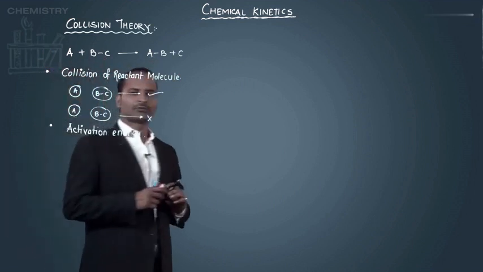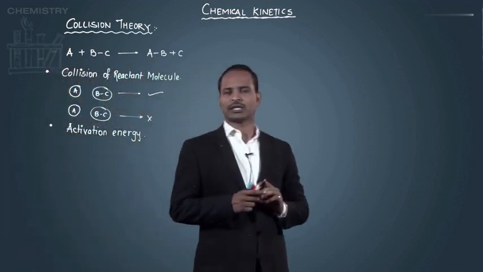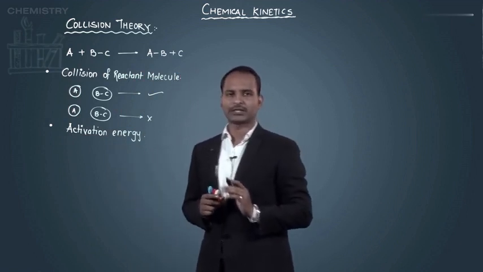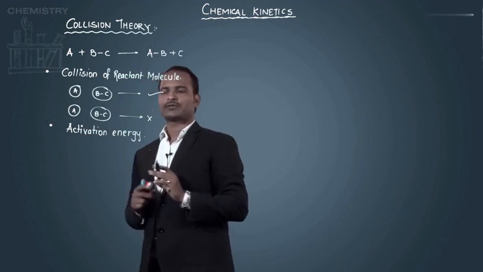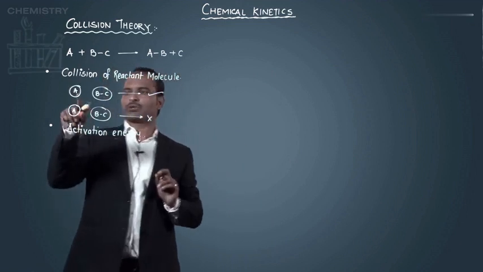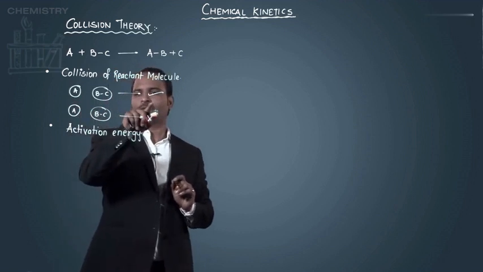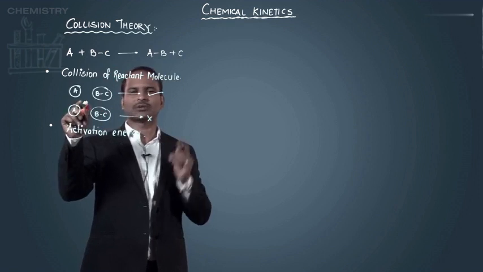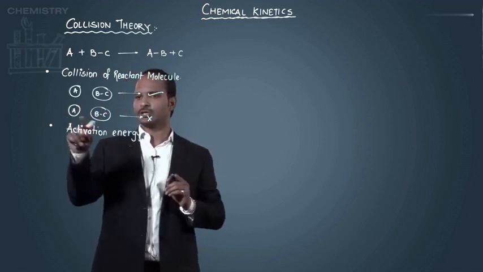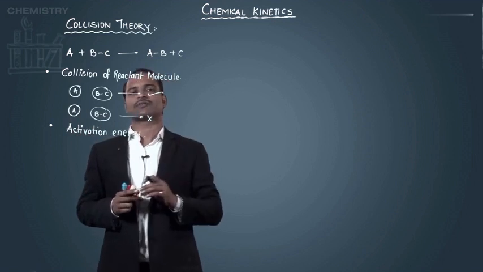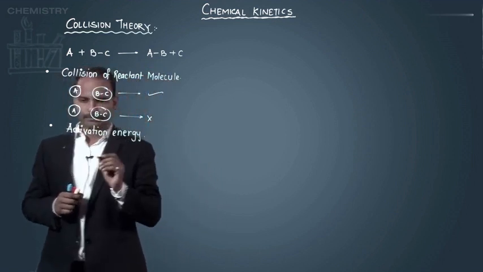So for the breaking of those bonds, a certain amount of energy is required. If the reactant molecules have that much energy, then only they will form a product, otherwise product formation will not take place. So the molecules that form a product on collision have activation energy. The molecules that do not form a product do not have that specific minimum amount of energy.